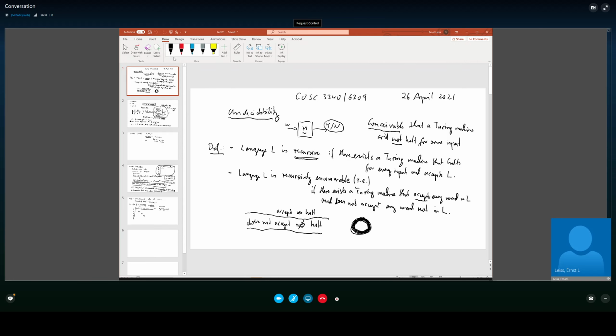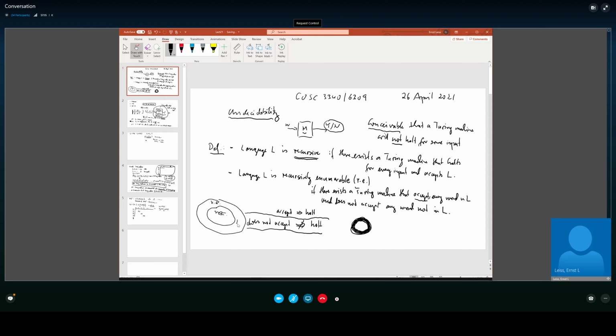If you take a set diagram, then this is RE, and a subset of that is recursive. Obviously, every recursive language is recursively enumerable, but not every recursively enumerable language is recursive.